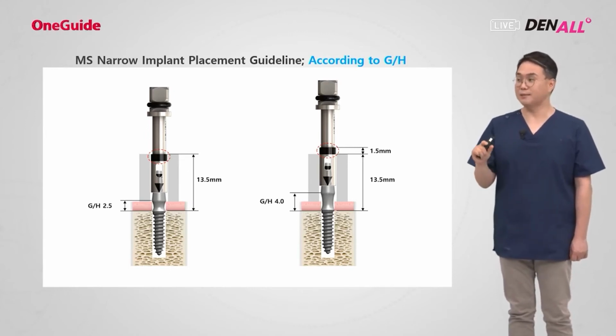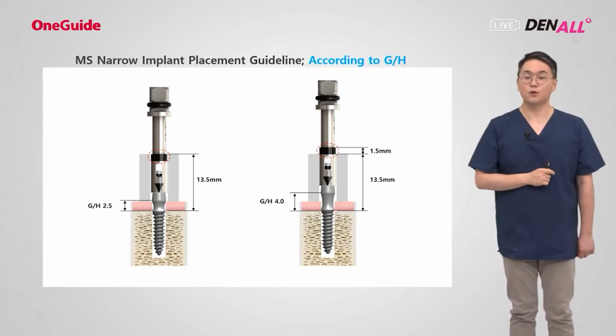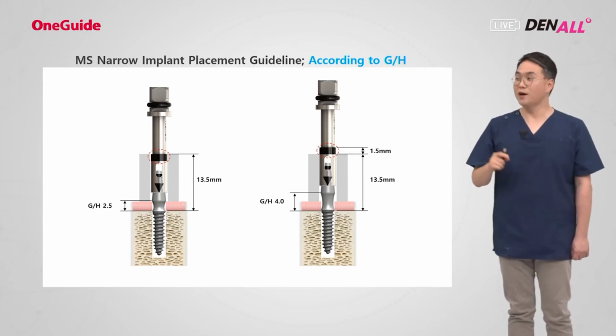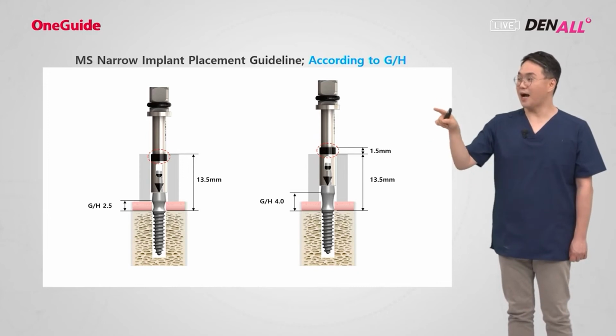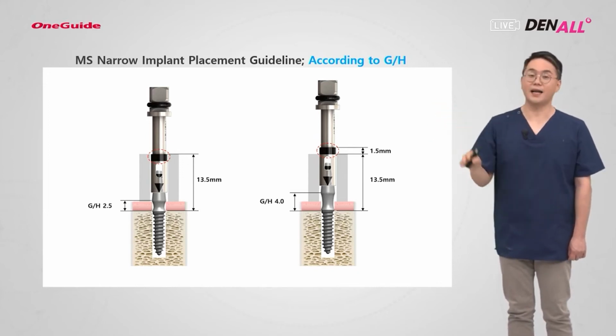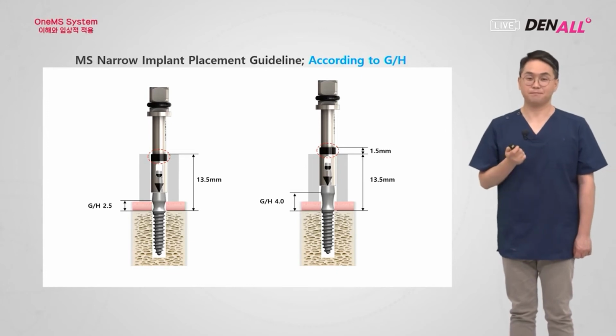So if the gingiva height of your implant is 2.5, the guide hole top needs to go to the top of this line. That's how you control depth. If the gingiva height of your implant is 4.0, then the guide top needs to match the bottom of this line.